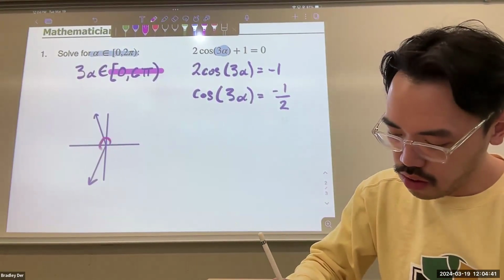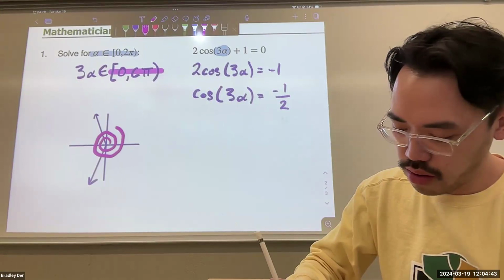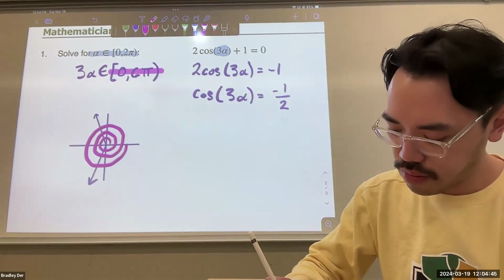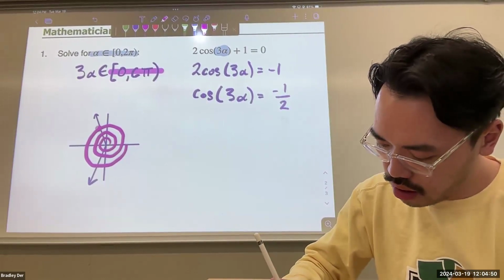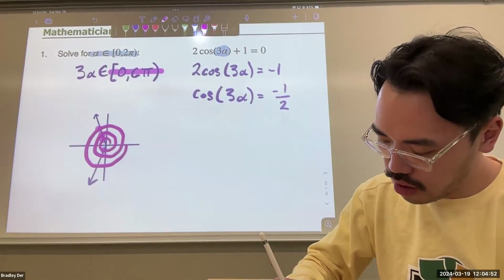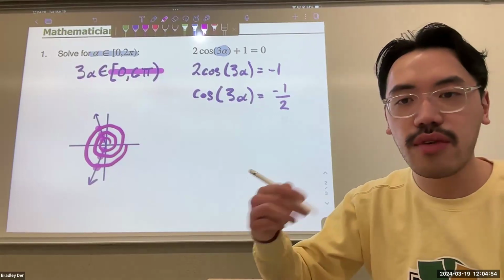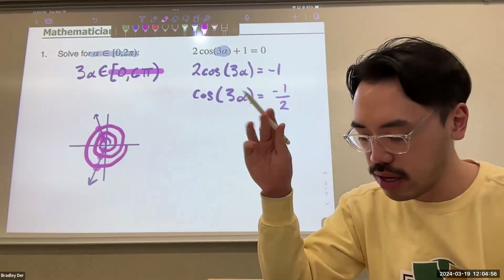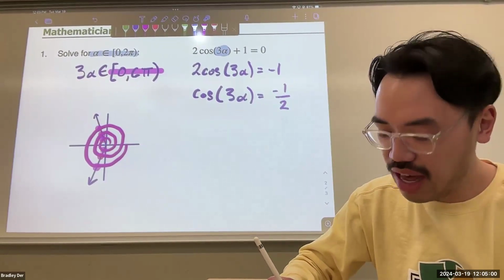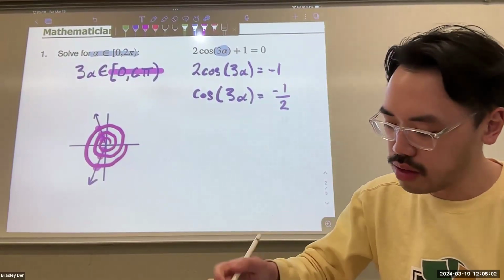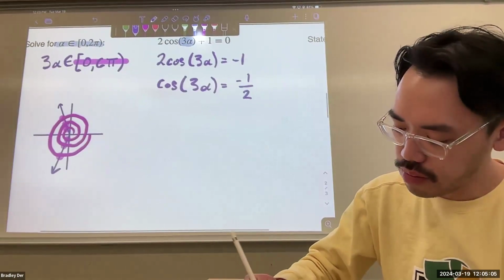Right, so 1, 2, 3. Let me go highlighter here. And so then if I look at where the path of that rotation hit those terminal rays, I can see that I'm looking for 1, 2, 3, 4, 5, 6 solutions for 3 alpha.